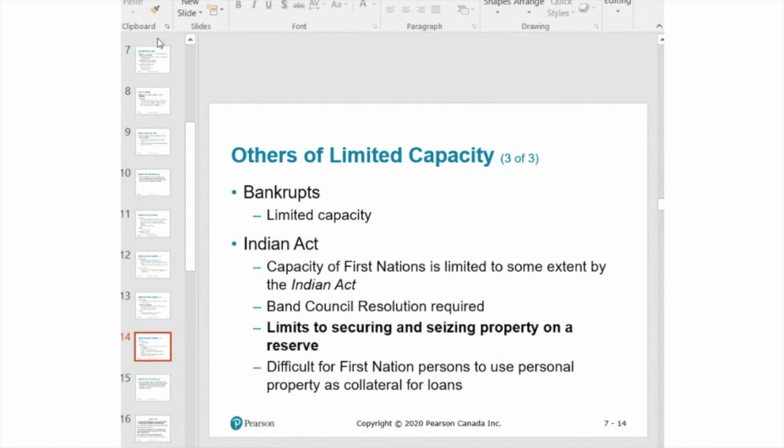There's several restrictions, not only for contracts, but some for other issues as well, because the Canadian government is trying to catch up with what they have done in the past to indigenous peoples. But what is mostly important for us is this limitation on property. And eventually, if you want to go further and deeper into those limitations, you should then read the Indian Act more thoroughly. Okay.